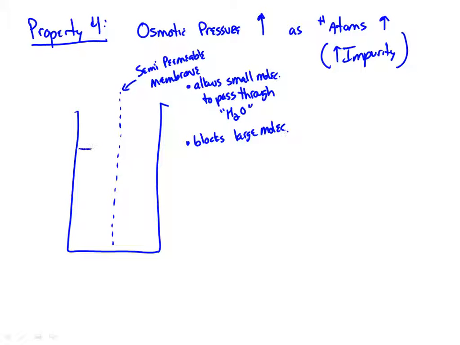And so if I've got water in here, and I've got a semi-permeable membrane, the level will be the same on both sides. Now the process of osmosis is the diffusion of water from low concentration to high concentration.